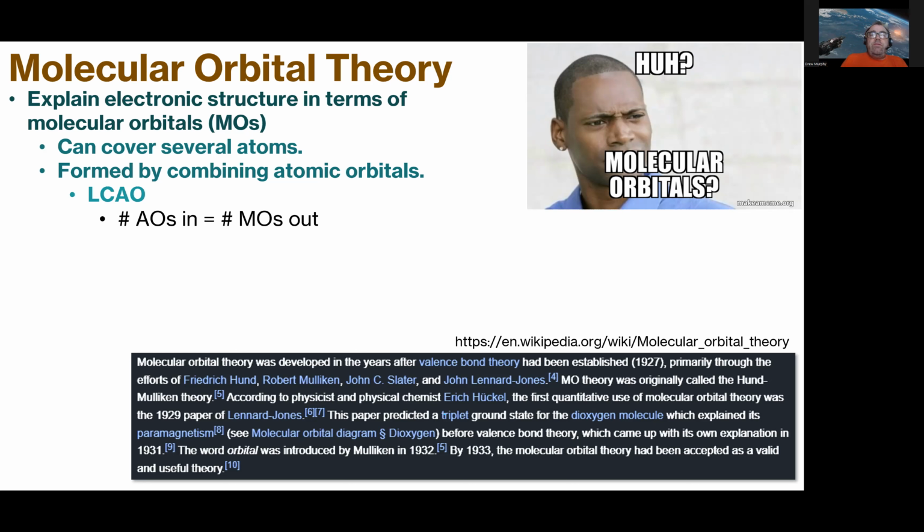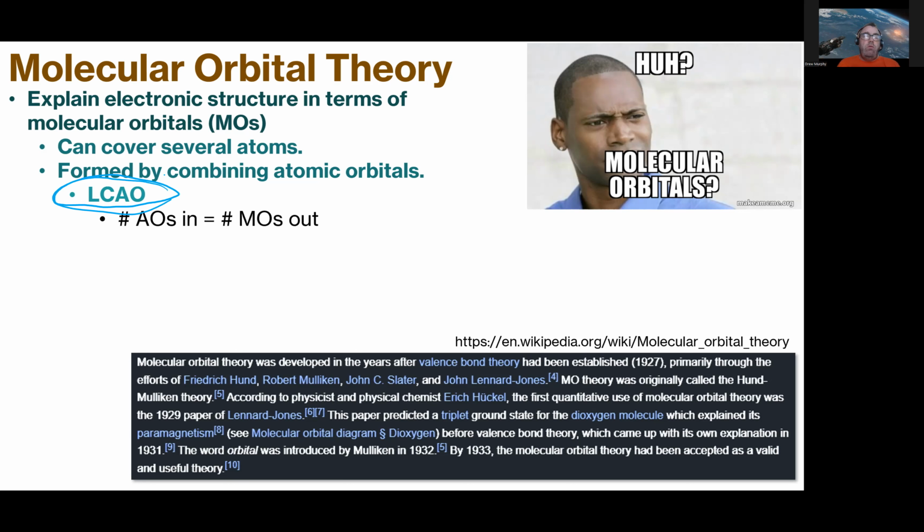Okay, our big difference here is that we're going to be doing what's called an LCAO, or a linear combination of atomic orbitals, and I will walk us through that so we can do it. Now, again, like with valence bond theory, we're not going to be doing the quantum mechanical calculations. If you go further in your chemistry or physics career, you will probably end up doing that.